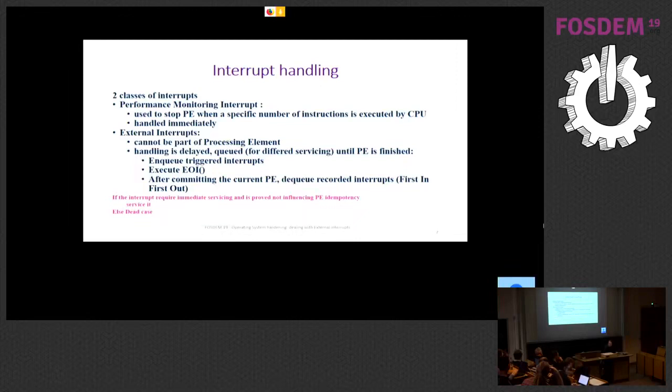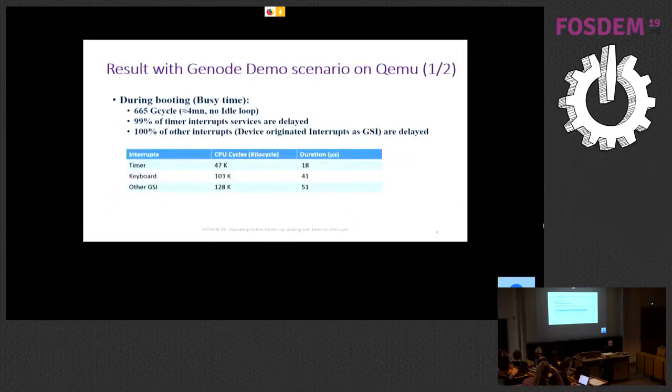So we tested this approach on the Genode system with its microkernel Nova, and during the booting phase, which lasts about 600 CPU gigacycles, approximately 4 minutes, with no idle loop, we noticed that 99% of all timer interrupts are delayed, as are all other interrupts.